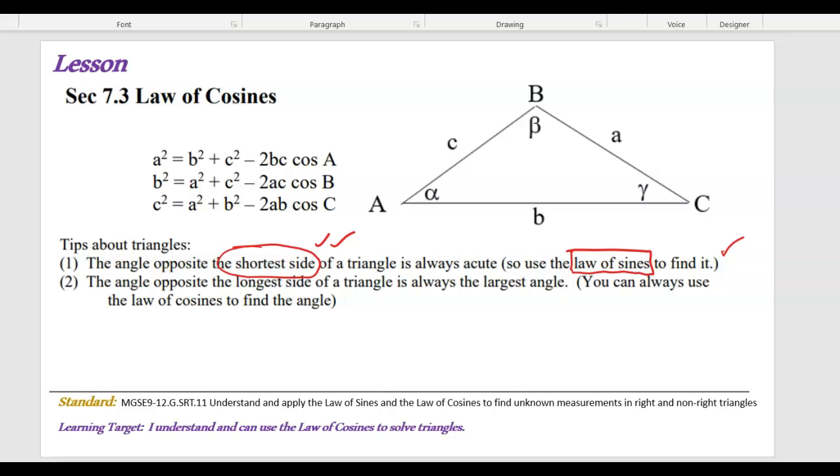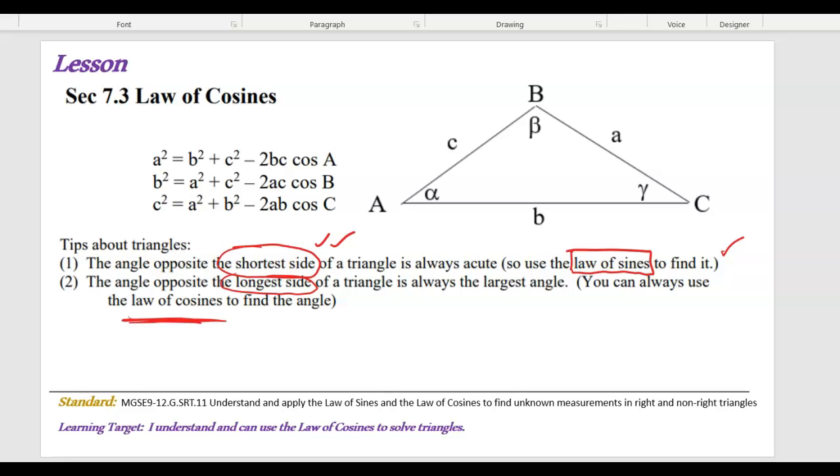But if you're going to use the law of cosines to find an angle, then always use the longest side, because cosine inverse will actually give you an obtuse angle. We're going to see a couple of examples where we dive straight into using the longest side.